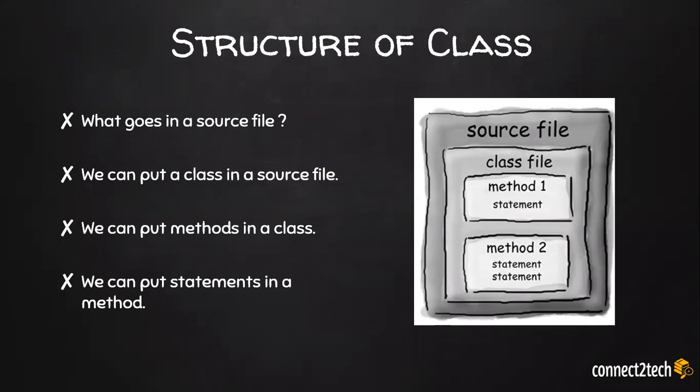We shall look at what goes in a source file. Then we will see that we can put a class in a source file, then a method in a class, and then a statement in a method. Let us understand all this, the structure of a class, with an example in Eclipse.